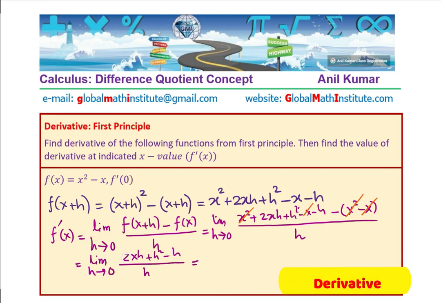Now we can take h common in the numerator and rewrite this expression as limit h approaches 0, h common, 2x plus h minus 1 over h. So at this stage, you can cancel h. Once you have cancelled h, you can substitute h equals 0 in the given expression. And therefore, what you get here is, this becomes 0. You are left with 2x minus 1.